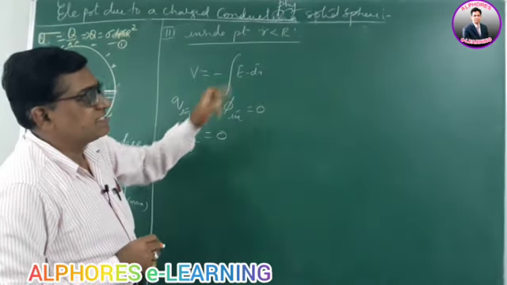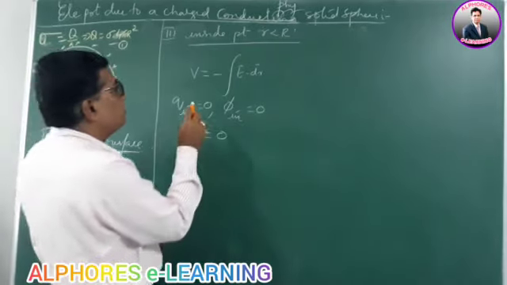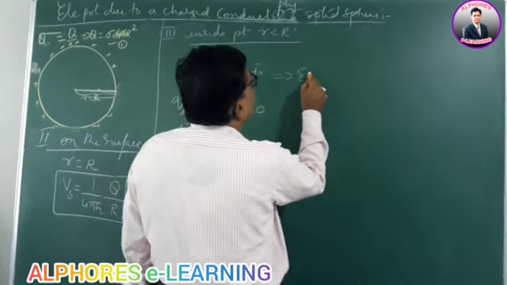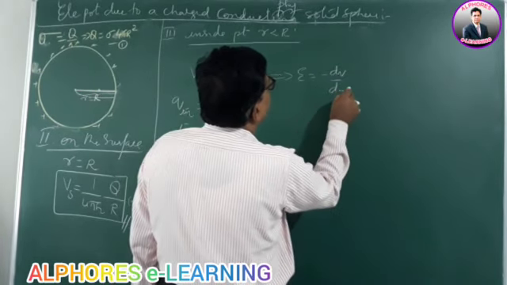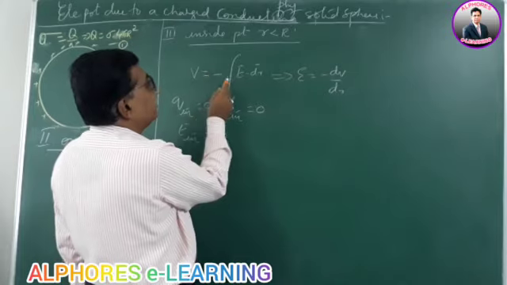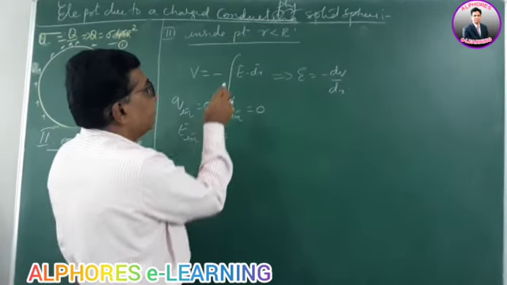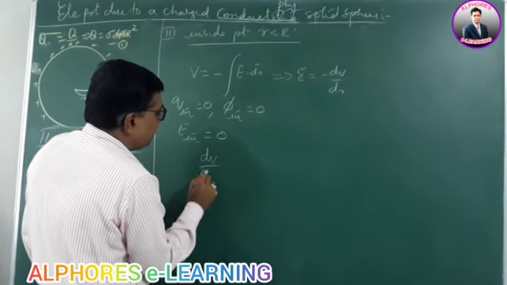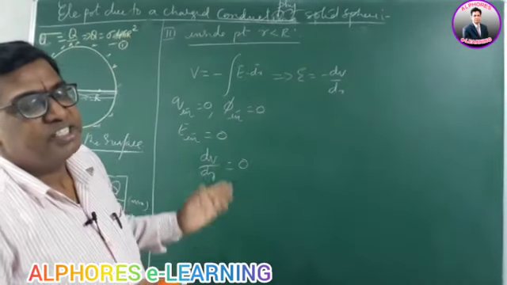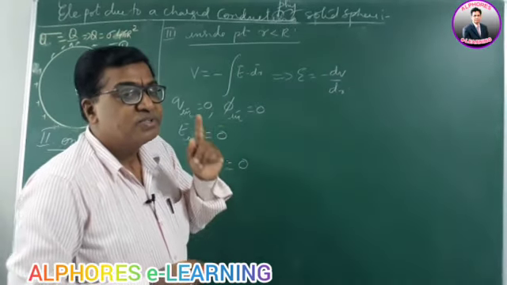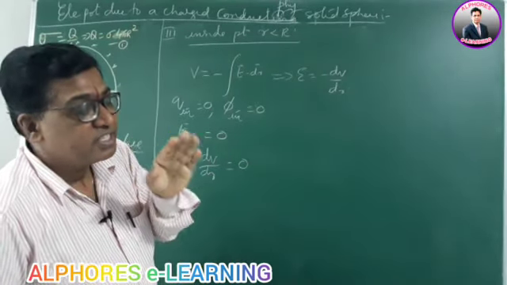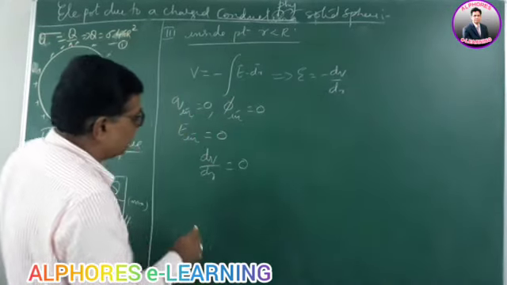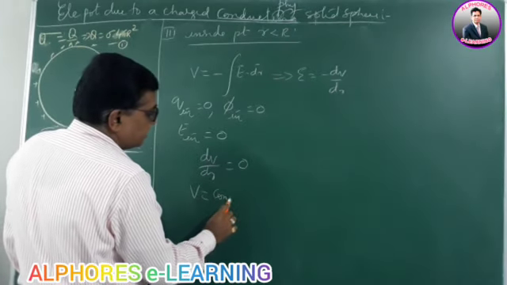Integration is the reverse process of differentiation, so I can write E is minus dV by dr. E is 0, which means dV by dr is equal to 0. Differentiation of a function is 0 means the function is a constant. So V is a constant inside.